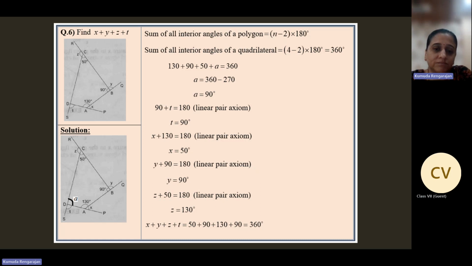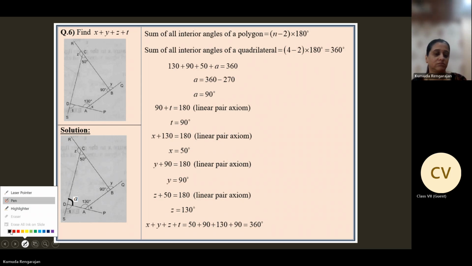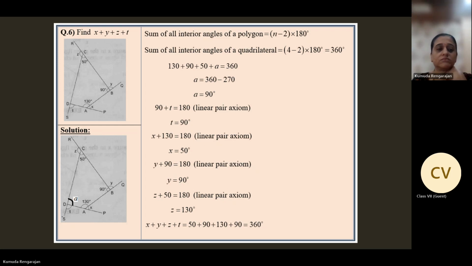That's important. When you revise, you should realize that A was not marked in the question figure. Yeah, please work. I'll come back.